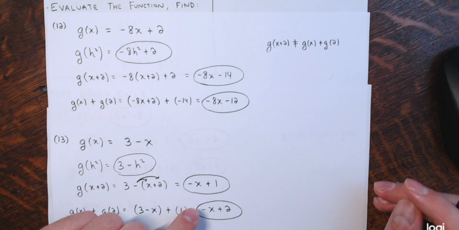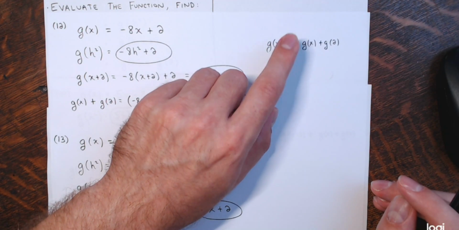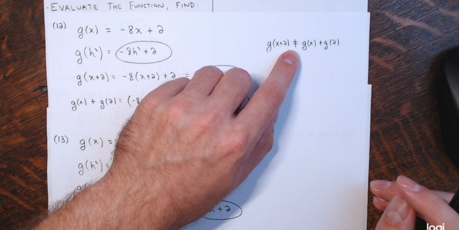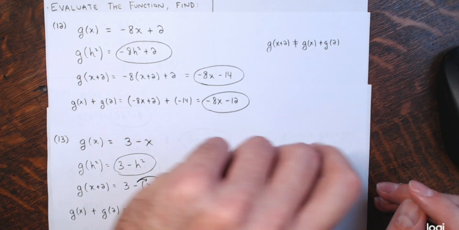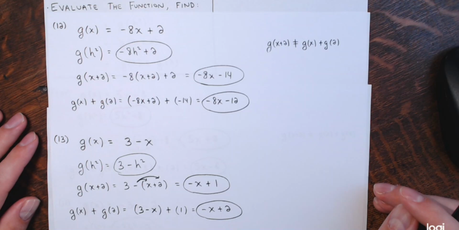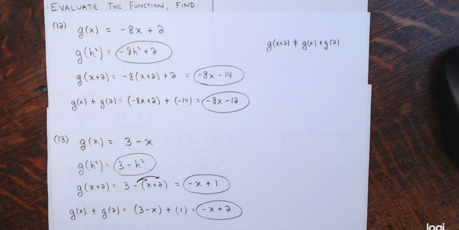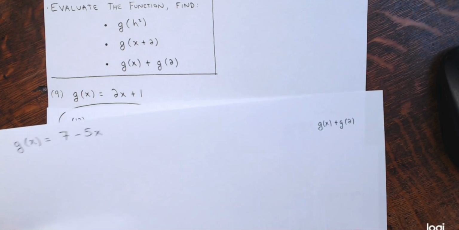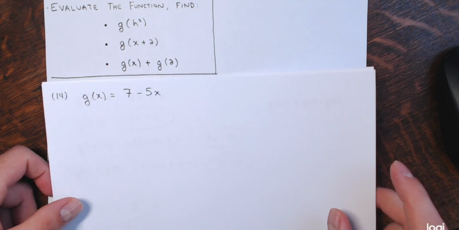And yet again, we see that g at x plus 2 is not the same expression as g of x plus g of 2. So once more, reinforcing the fact that you cannot distribute the name of a function. All right, and then I have one last example where we're doing these three things, and then I have a few more after that. We're going up to 22.